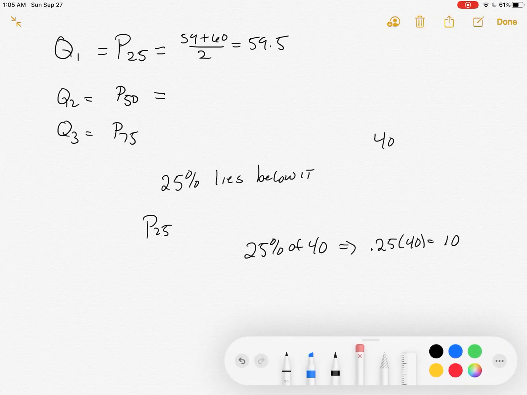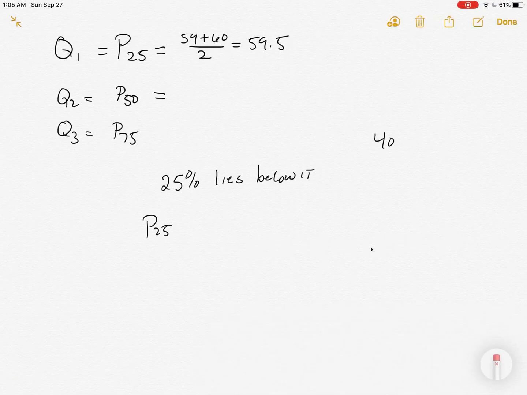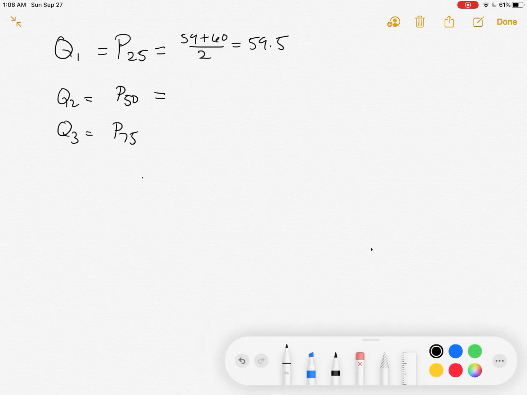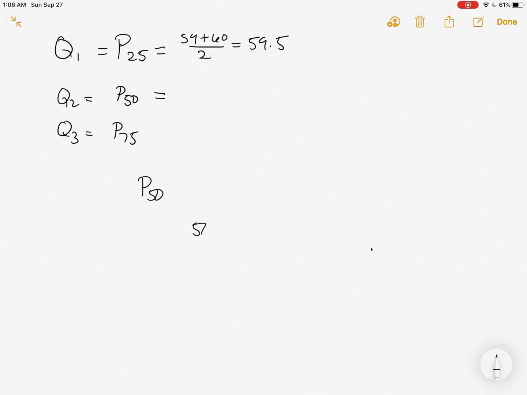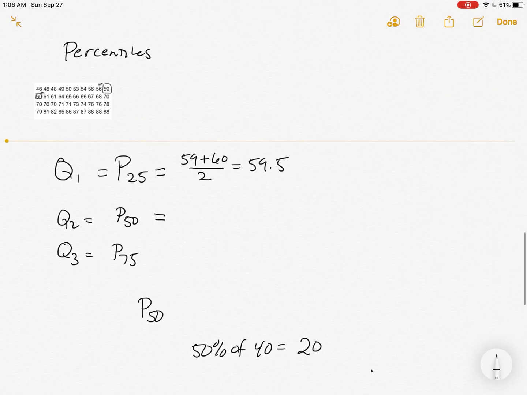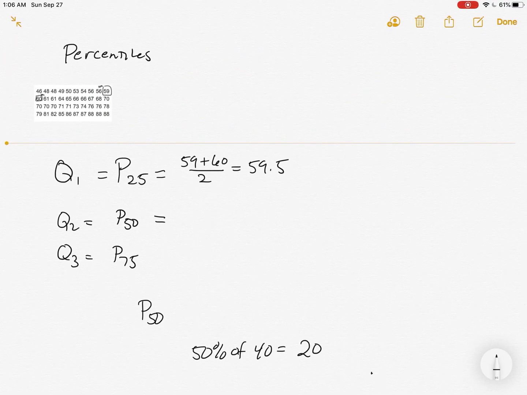If we were to find P50 or Q2, the second quartile, what changes? Well, now we don't want 25%. We want to find P50. So we need to take 50% of 40. And you know what 50% of 40 is, it's 20. So we're not going to take the 20th data value, 70. We're going to average the 20th data value with the 21st data value.